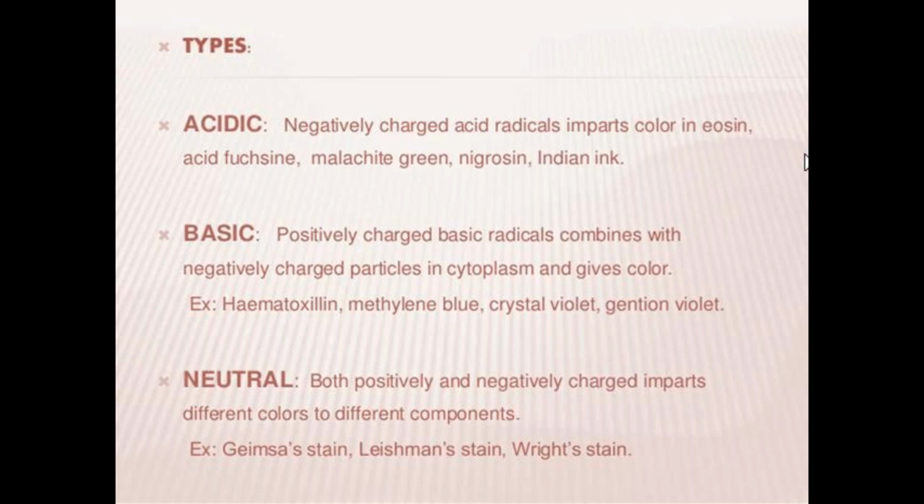The main examples of acidic dyes are eosin, acid fuchsin, malachite green, nitrosin, Indian ink, and picric acid. Acidic dyes are the anionic ones, mainly used to stain basic components of the cell.